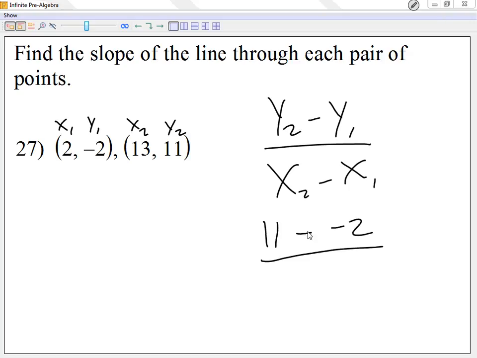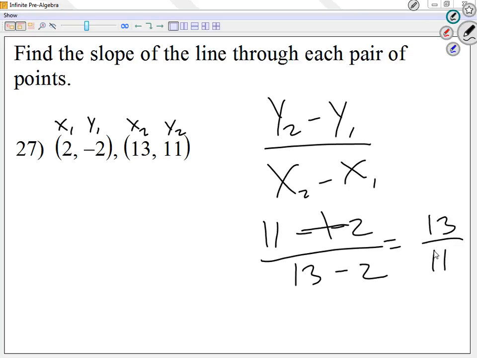So there is a minus, but don't forget the negative on the 2. At the bottom, I have 13 minus 2. When I deal with the top, a minus a negative, like two negative signs together, becomes plus. So on the top, I have 13. At the bottom, I have 11. 13 over 11, I cannot simplify, so that's it. It's fine if the bigger number is on top.